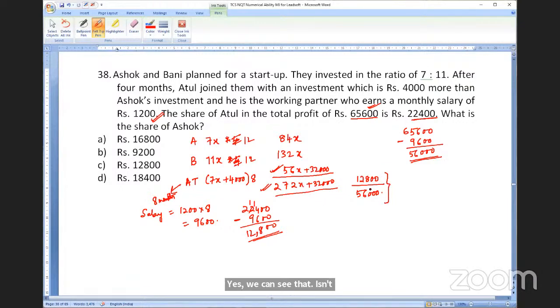So once we solve this, we can find the value of x. Once we have x, we can find the share of Ashok also.